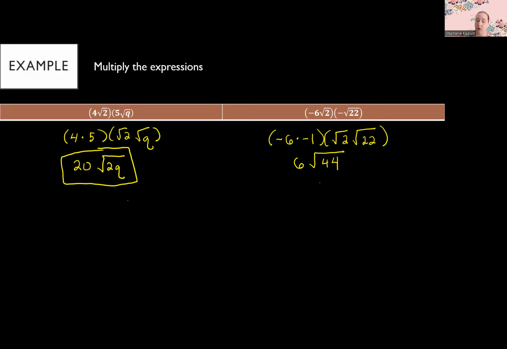So now you want to say, can I simplify the square root of 44? When you put that in your calculator, you'll get a decimal. So then you say, okay, it doesn't come out to a whole number, but can I divide that by a perfect square? So for 44, you want to try the biggest numbers possible. You don't want to start with a small one. So the first perfect square under 44 is 36.